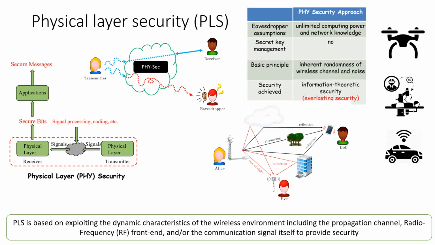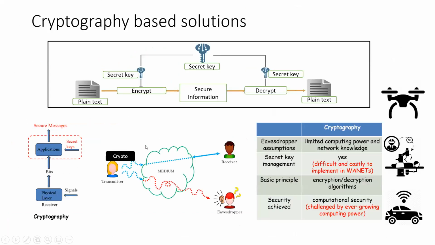Moreover, physical layer security techniques can exploit other features of the channel, interference and fading features of the channel, for providing security at the physical layer. Actually, in cryptography based techniques, you are applying a key at the application level on the data to provide security.